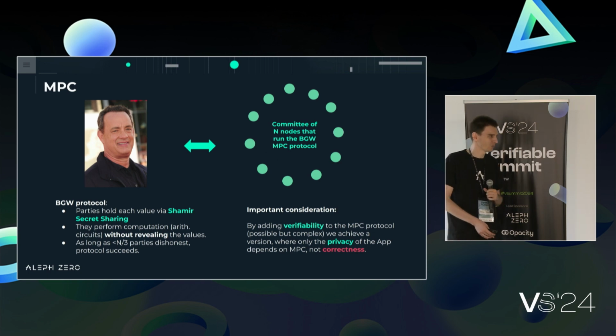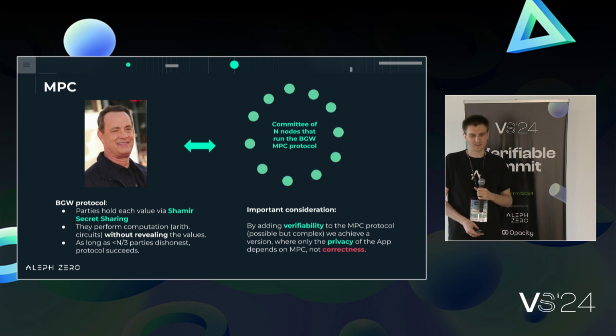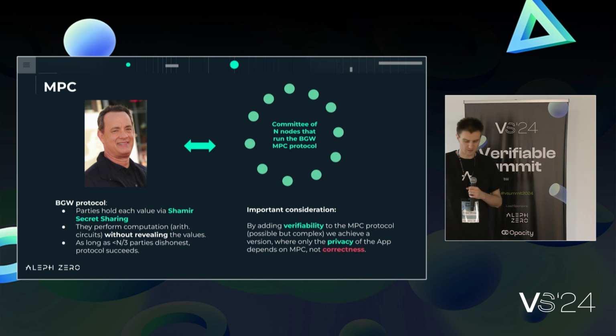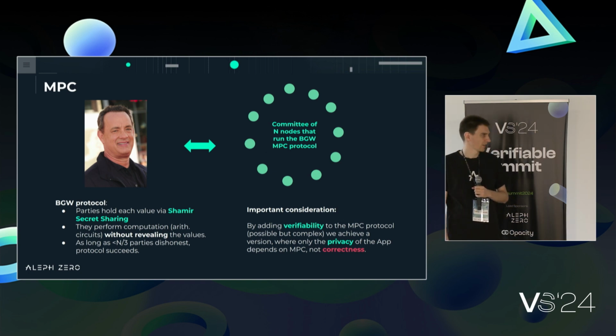There are nodes, and they run some kind of MPC protocols. MPC protocols are protocols that deal with secret values without revealing them. They can make computations on these values. One particular protocol that you could use is BGW. You can read on that. It's quite old, but I always encourage people to look at the original papers. It's a very nice paper.